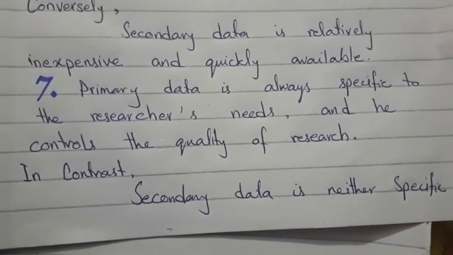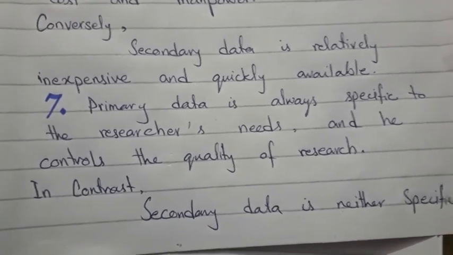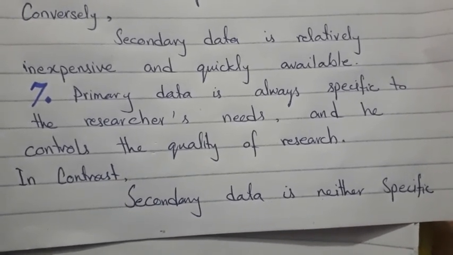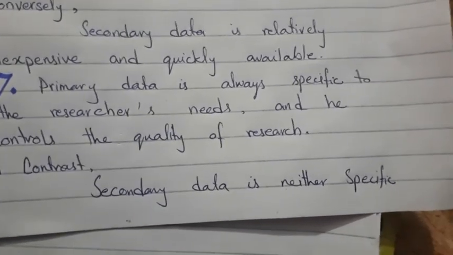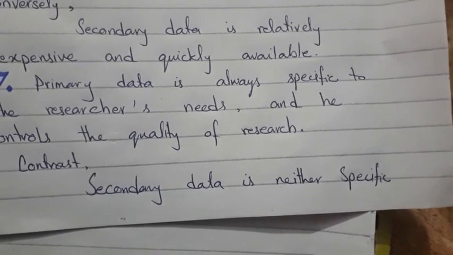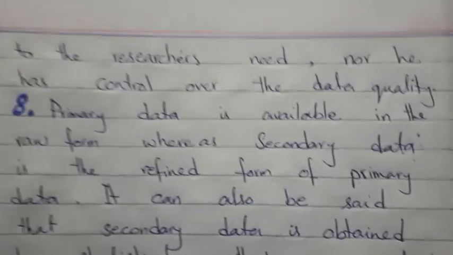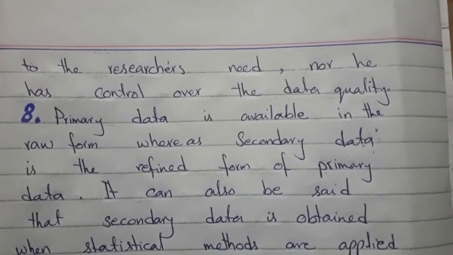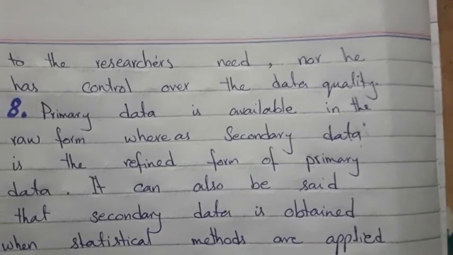Primary data is always specific to the researcher's need and he controls the quality of research. In contrast, secondary data is neither specific to the researcher's need nor does he have control over the data quality.